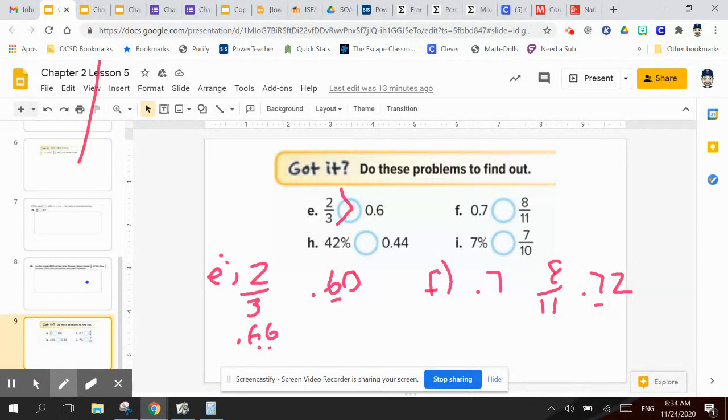So again, this number has two decimals. This one only has one, so I can add a 0. So it has 2. Now we can compare 70 and 72. Well, I know 70 is smaller than 72, so 0.7 is less than 8/11. So at this time, please pause your video so that you can try the next two problems, H and I.